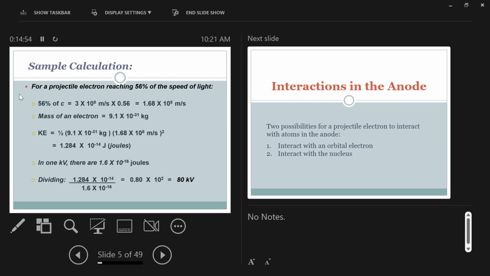So when one electron is traveling at 56% the speed of light, we can say that it has 1.284 times 10 to the negative 14 joules of energy. If you wrote it down, we would write 1.284 and shift the decimal 14 places over, and you'd have the number written out.